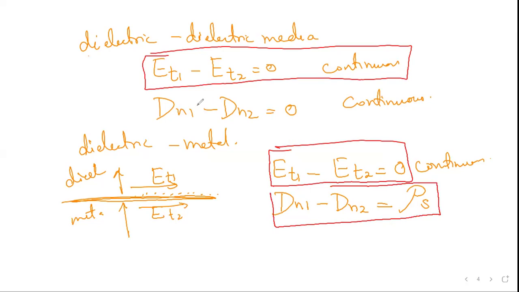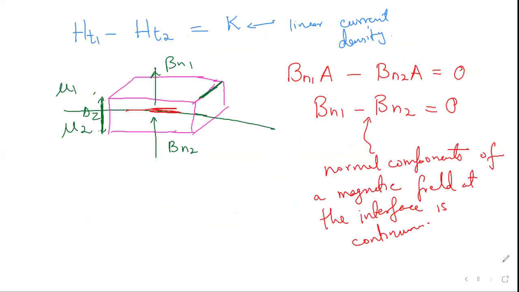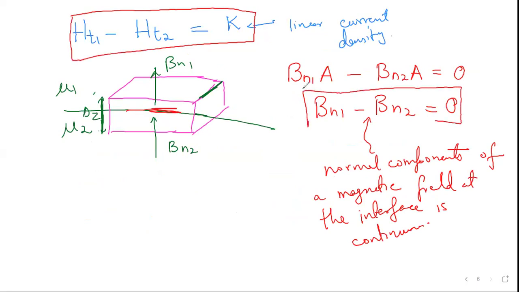They are continuous only in case of dielectric media, and in case of dielectric-metal, there will be some kind of discontinuity. In case of magnetic field, the tangential components are discontinuous, whereas the normal components are always continuous. So this is about boundary condition.